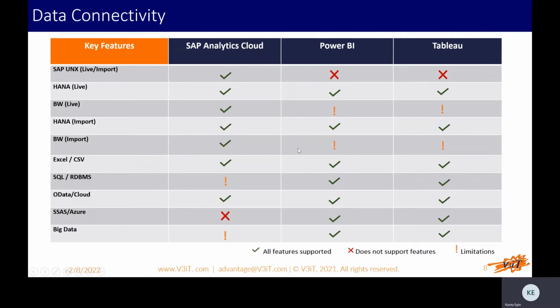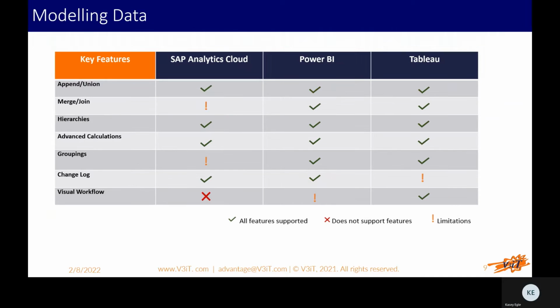Just some limitations for Power BI and Tableau. They all have the ability for Excel and SQL or other RDBMS. There's some limitations for SAC, but as we can see here, there are a lot of data connectivity options for all.